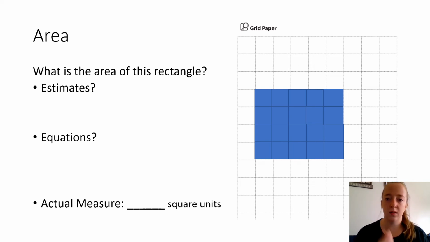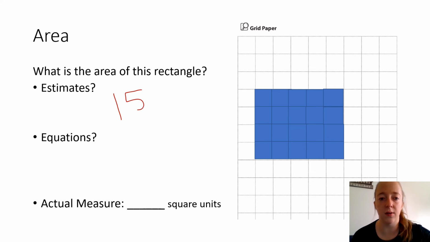Okay, so just shout out before we even start counting the area, just shout out estimates, right? Estimate means your best guess. So for example, I'm looking at this shape and I'm thinking, okay, I'm thinking 15 square units. I'm thinking 5 square units.